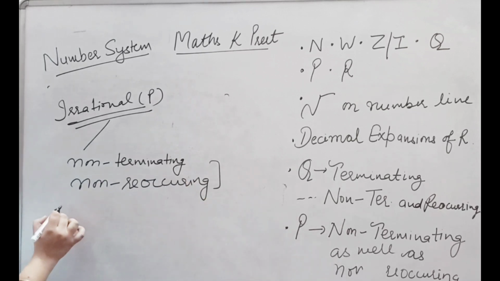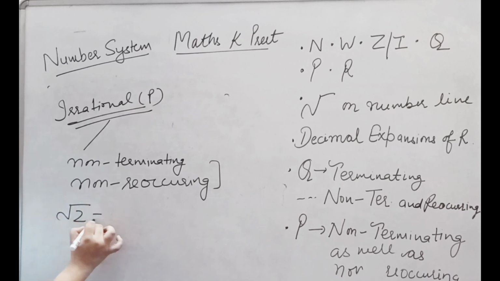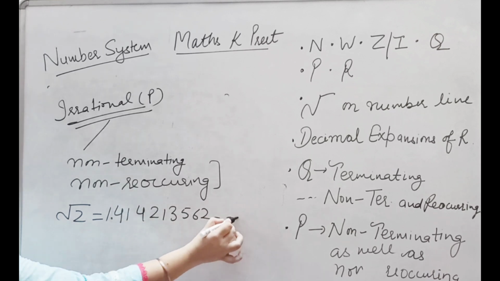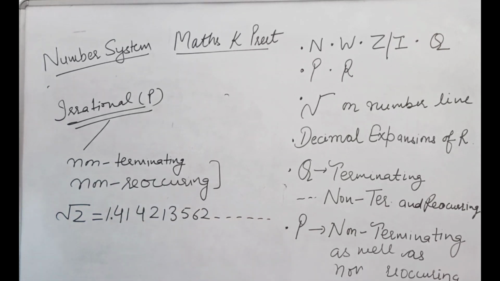For example, root 2. The value of root 2 is 1.414213562 and so on. It goes on. No digit, no set of digits is repeating here. So this is non-reoccurring and non-terminating.